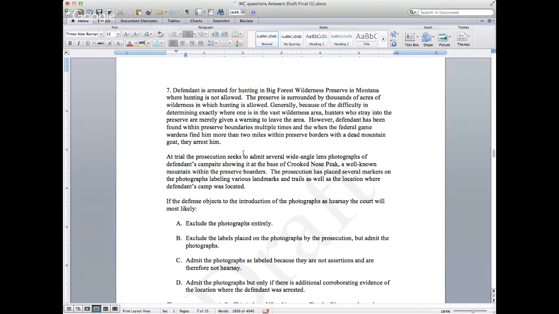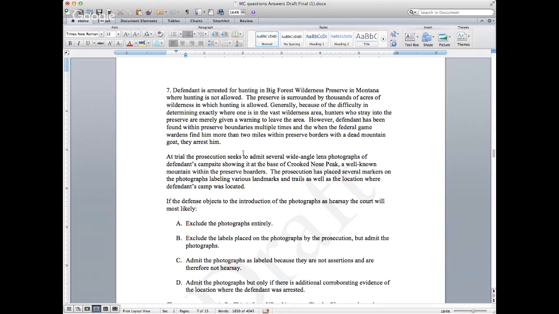However, the defendant has been found within the preserve boundaries multiple times, and when the federal game warden finds him more than 2 miles within the preserve borders with a dead mountain goat, they arrest him.